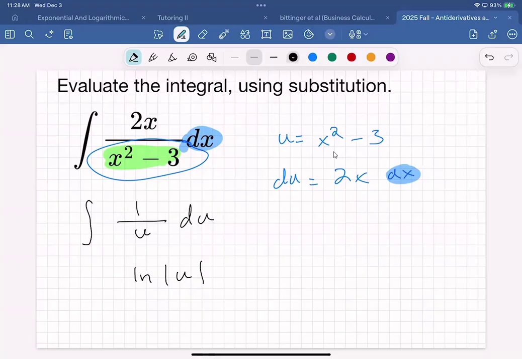I'm not going to go into too much detail, but just make sure you see that. And then, hey, we have our constant. With that said, though, do I want u? No, we need x, right? So make sure you go back and say, I did all that just to be able to work it out, but let me put this back in place. Okay.